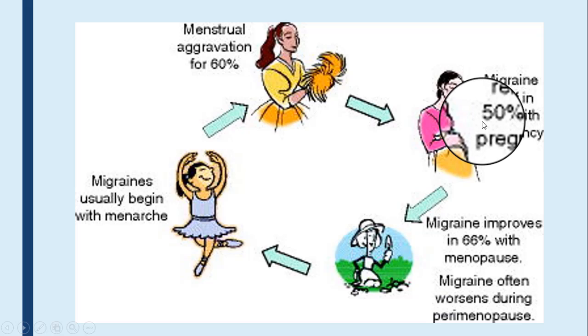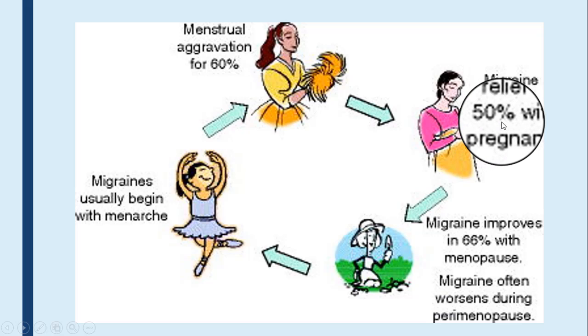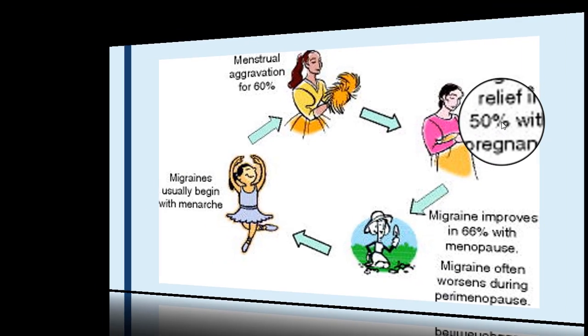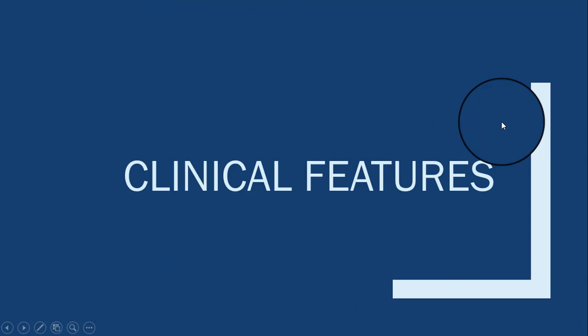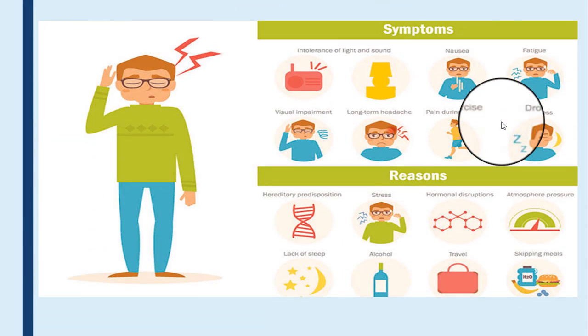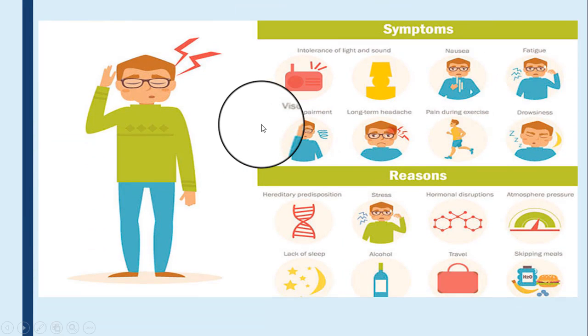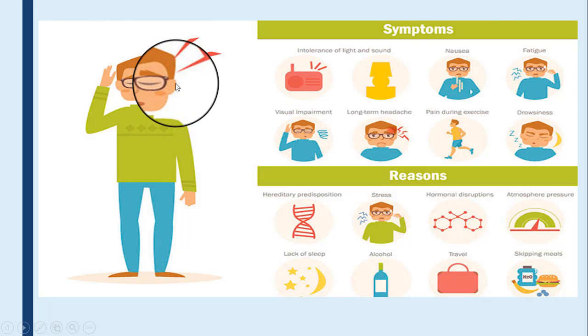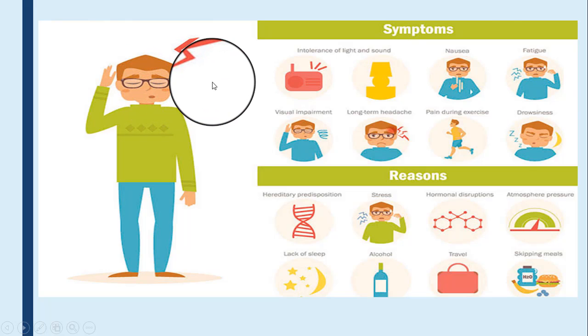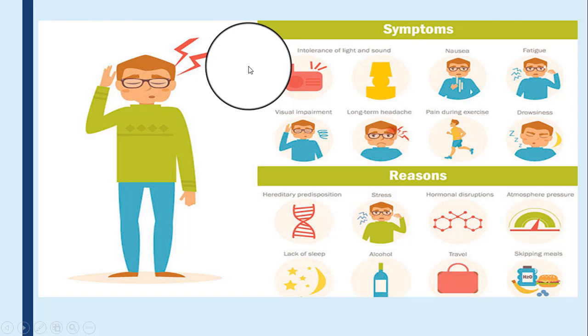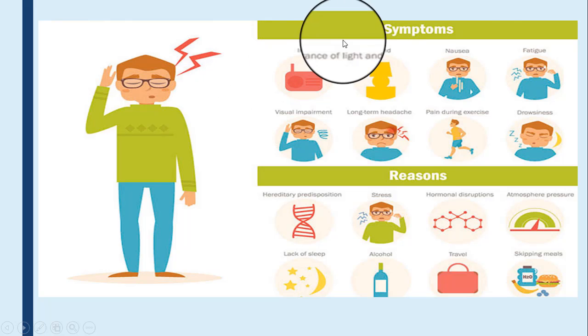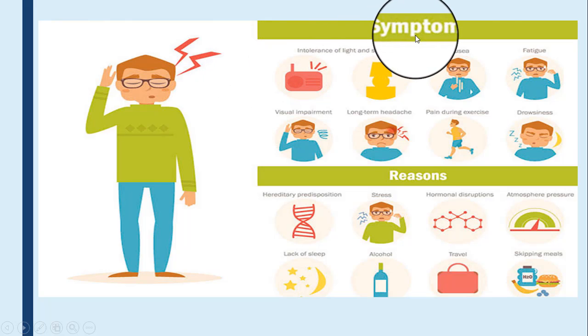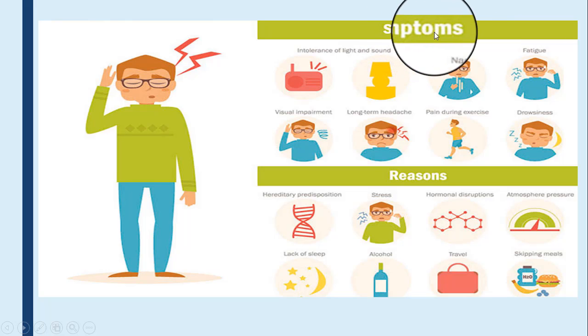Migraine symptoms may begin 1 to 2 days before the headaches itself, and this is known as the prodrome stage. We have already talked about the signs and symptoms, but now we will repeat in an elaborated manner what the clinical features are. Symptoms during this stage can include food craving, depression.